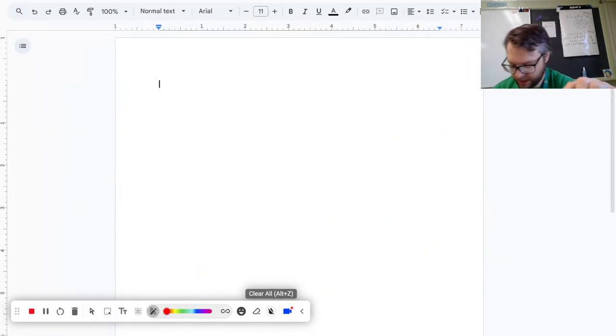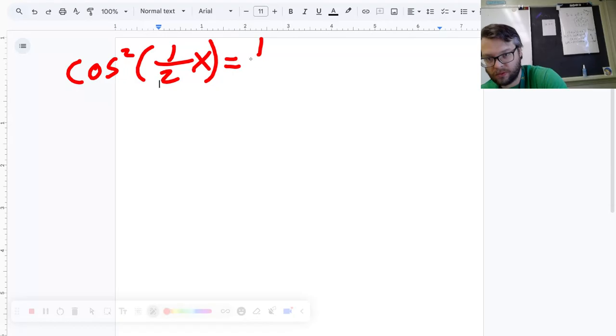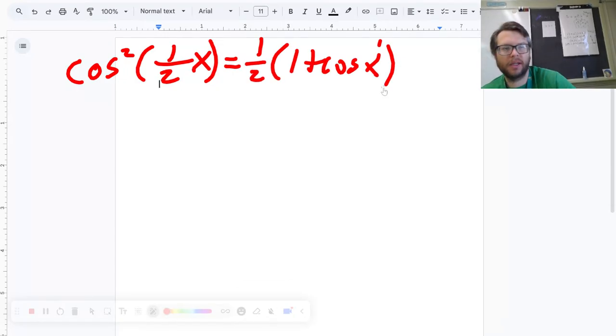Let's say I'm trying to show that cosine squared of 1/2 x equals 1/2 times 1 plus cosine x. So if I'm looking at this problem here, I have to figure out what tool I can use that has 1/2 x in it.